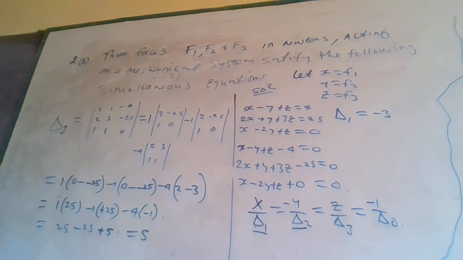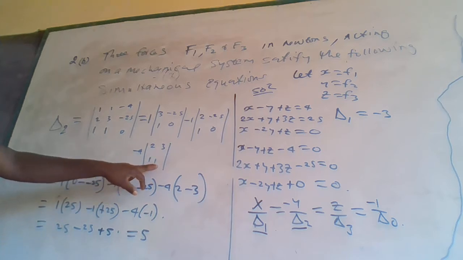So we have 1 into 0 times 3, that is 0, and then minus 25, that is fine. Then minus 1 into 0 times 2, 0, then it will be 1, 1, that's fine again.